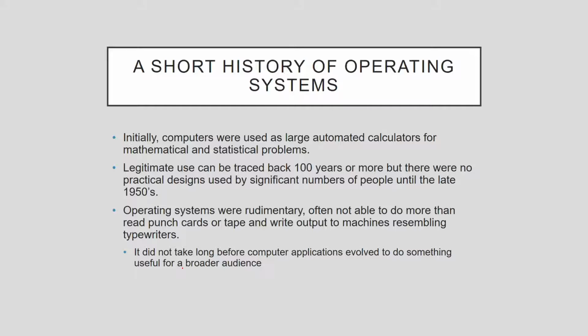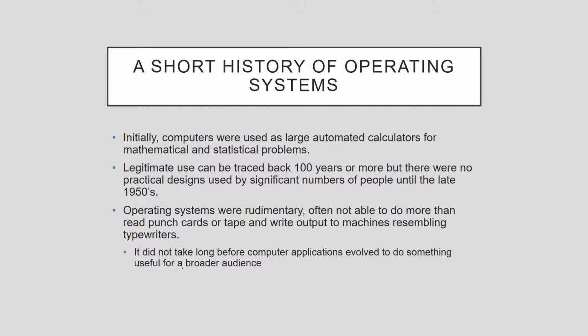Because this logic was rather complex, and not all scientists were computer scientists, the operating system was a tool that allowed non-computer scientists to use computers. So the OS reduced programming work and increased efficiency.